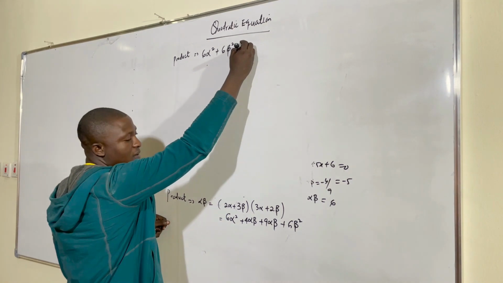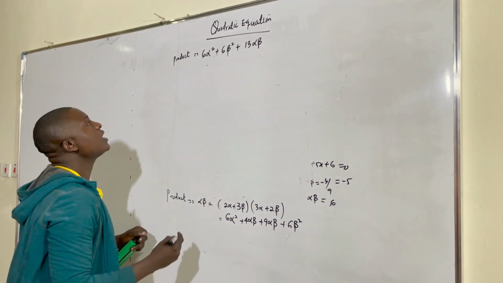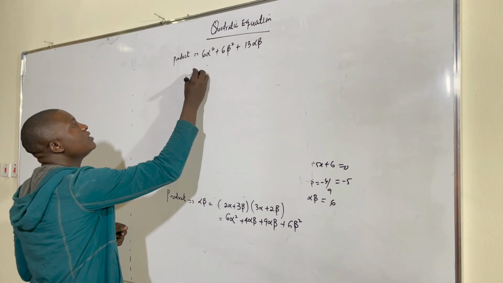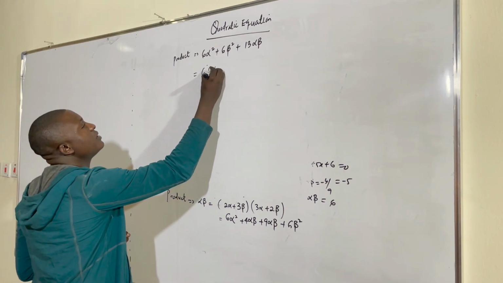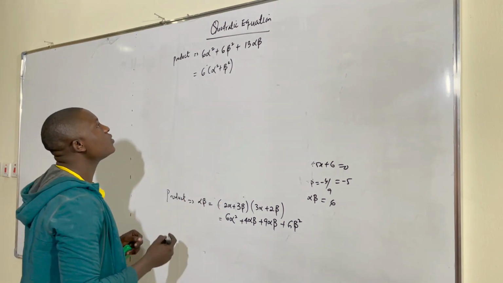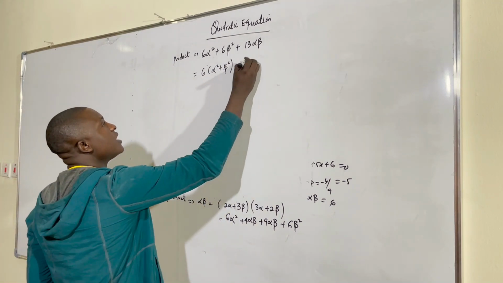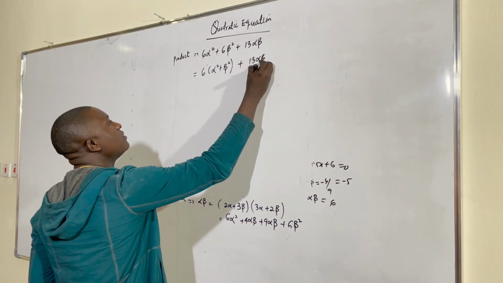Of course, we are going to have 13 alpha beta. Now we can see something is common here. If I factor it, I can have 6 bracket of alpha squared plus beta squared, right? After that, plus 13 alpha beta.